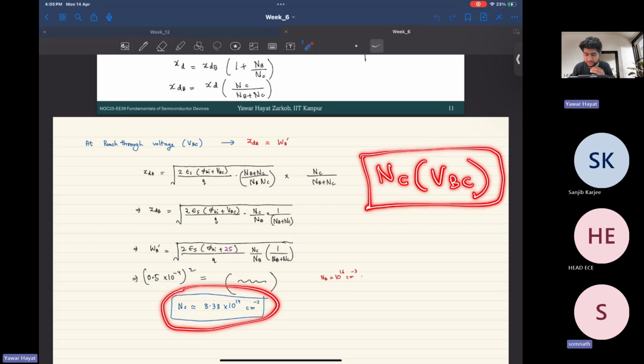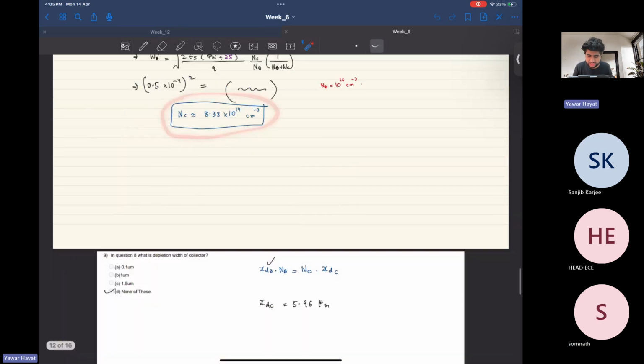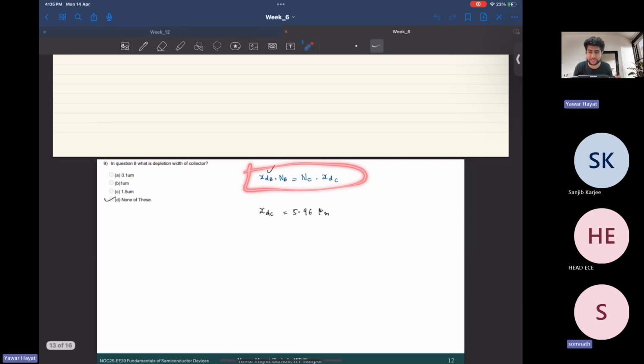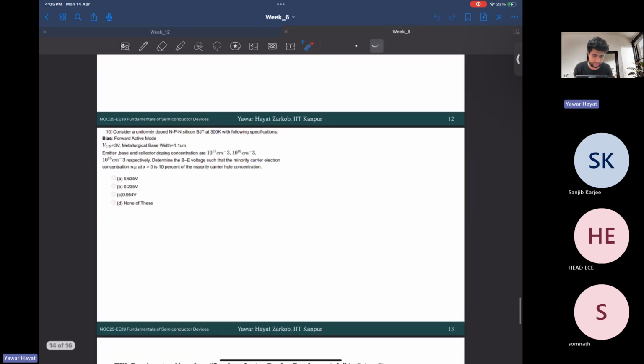Had I chosen a different VBC, suppose punch through was not to happen, then I would have accordingly got a different value of XDB and a different value of NC, such that this equation is still satisfied. This will hold true whatever be the case. Are you getting the point? That is effectively how it gets handled and manipulated.